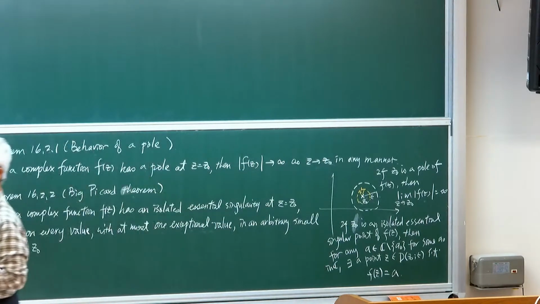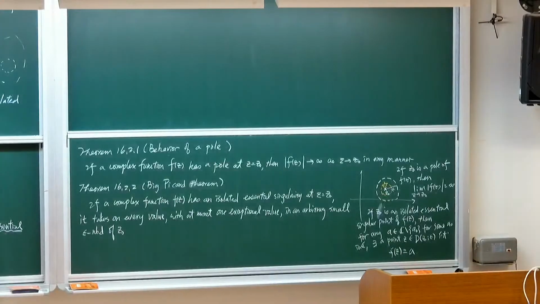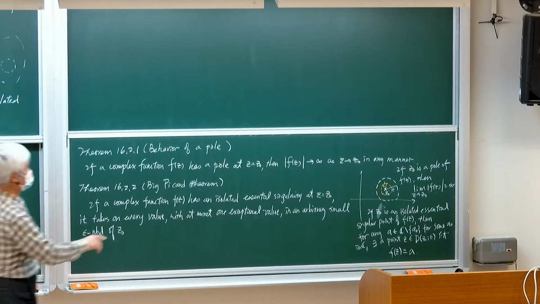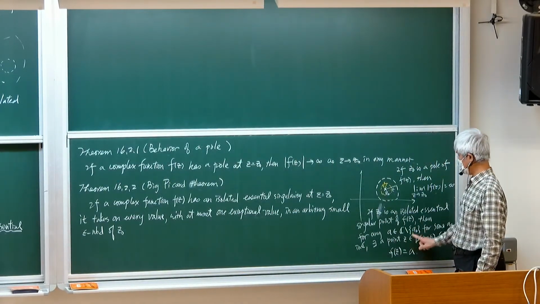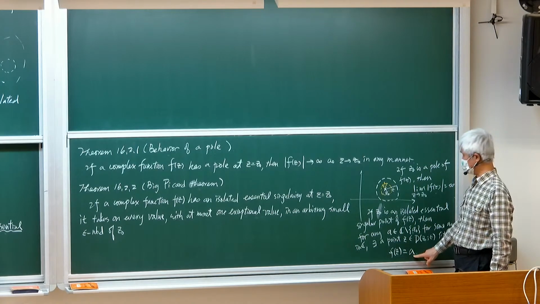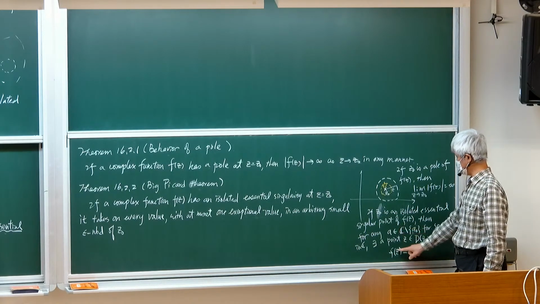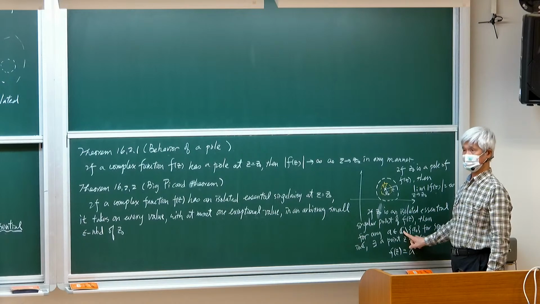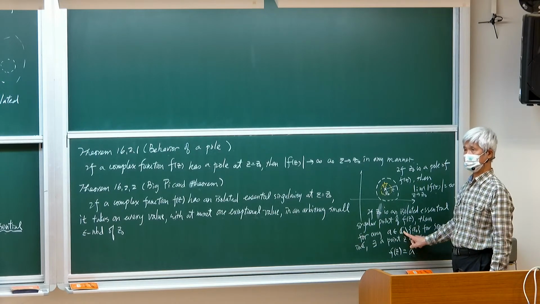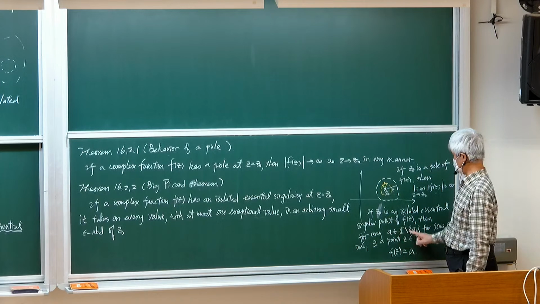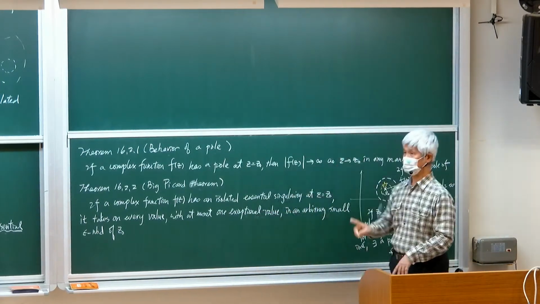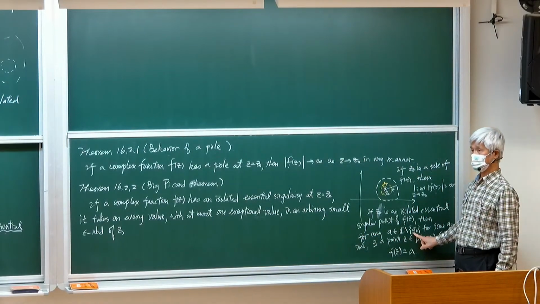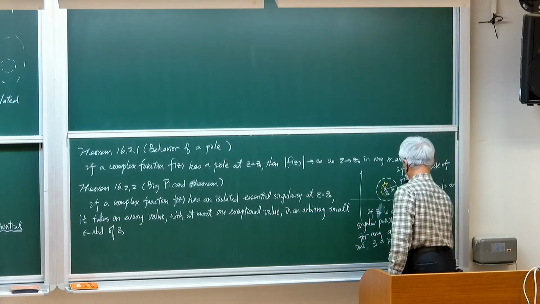Yes. A0. Okay, it cannot be A0, but except A0, the value can be any complex number. For every function it may be possible you have one exceptional value, which we call A0.